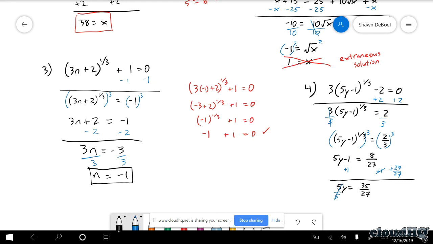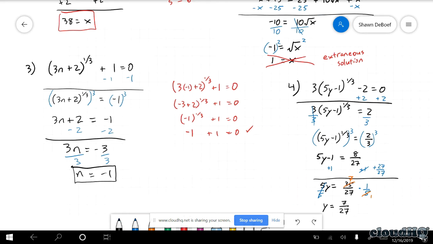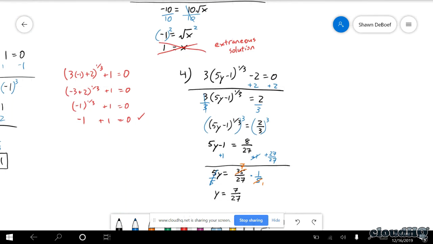Since this is a fraction, I don't necessarily want to divide by 5. Instead, I can multiply by its reciprocal, which is 1/5. Then my 35 and my 5 can simplify. So I end up with 7 for a numerator and 27 for a denominator. I need to test that.